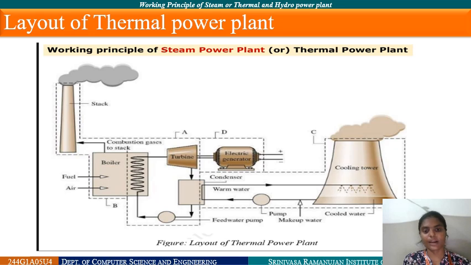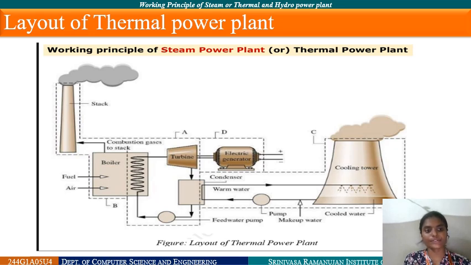From the boiler, the high pressure steam passes to the superheater where it is heated again to its dry state. The superheated steam strikes the turbine's blades.